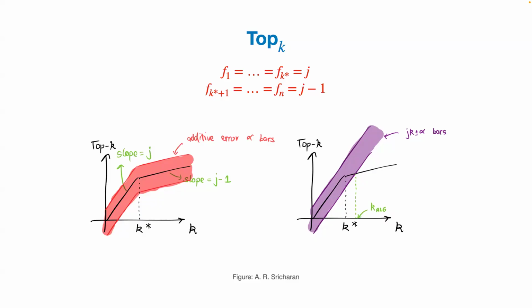So if we plot it, until the point K star the slope of the top K norms will be J, and after that turning point we have the slope J minus 1. We're looking for that turning point where the slope changes from J to J minus 1. If the algorithm is alpha accurate for all of the top K norms, the output of the algorithm will be in this red zone over here.